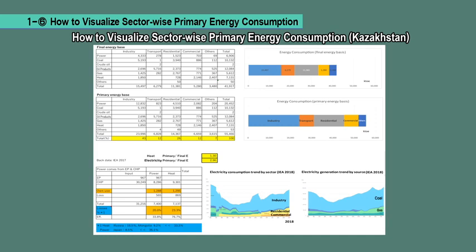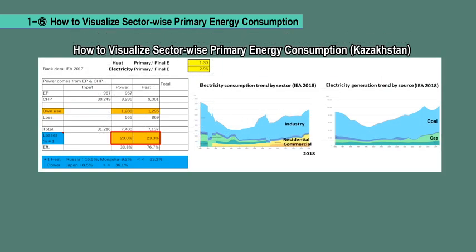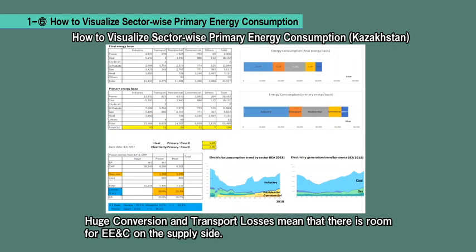Next is the example of Kazakhstan. This case shows big losses at conversion, such as in transmission, distribution, and transport. In such a case, there is room for EE&C not only in final consumption, but also in energy supply, which should be a target for consideration.